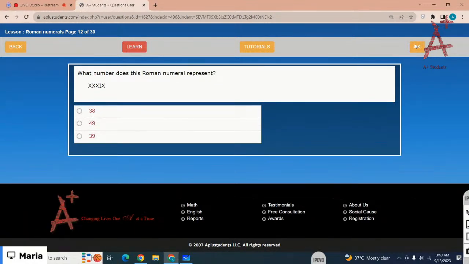What number does this Roman numeral represent? So which is the correct option? That would be 39, right? You have 10, 20 and 30, so that makes 39.